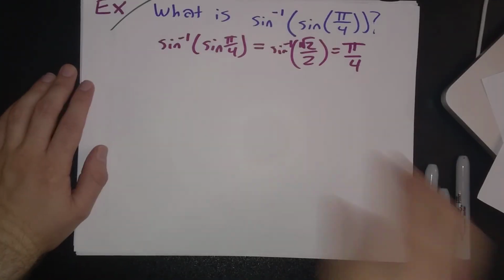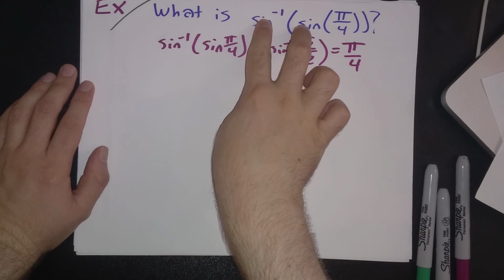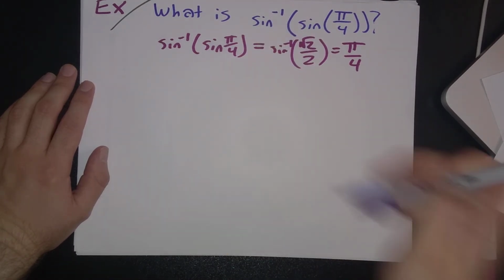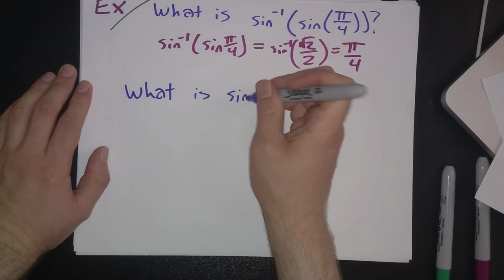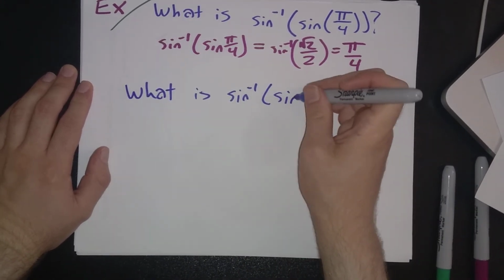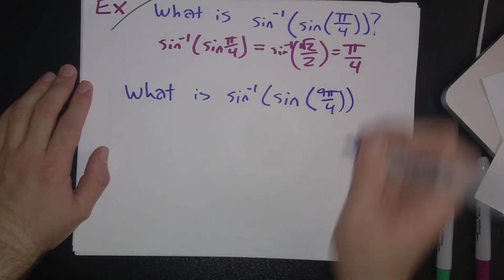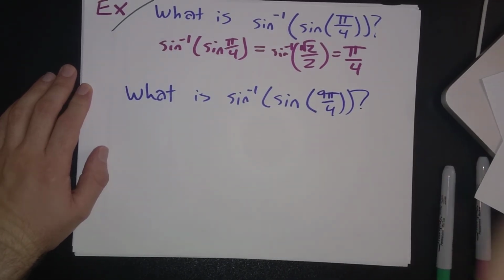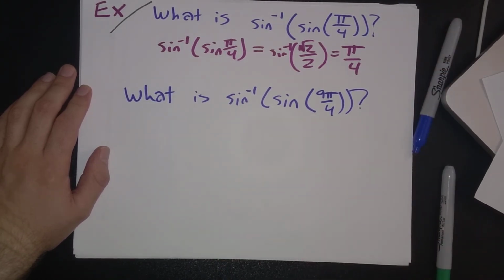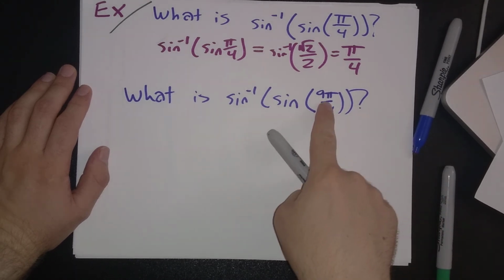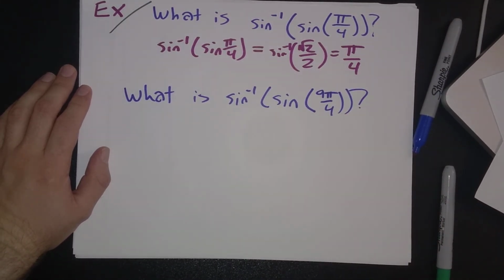And so you might say, oh, we're just canceling out the inverse sine of sine here. But let me change this just a little bit. What is sine inverse of sine of 9 pi over 4? Now, if you think for a moment, you should realize that sine of 9 pi over 4, if I've done this correctly, I just added 2 pi to pi over 4 to make it 9 pi over 4.